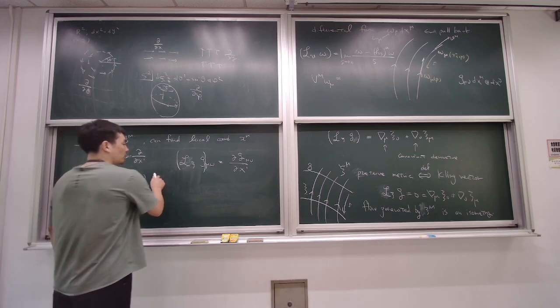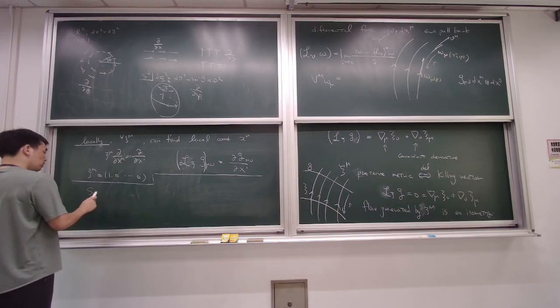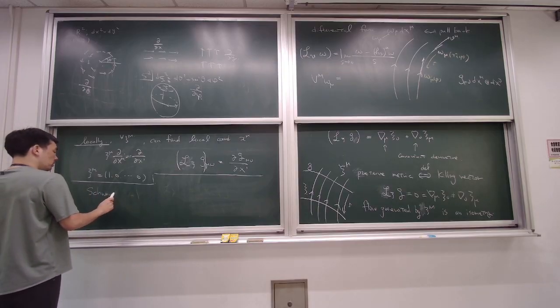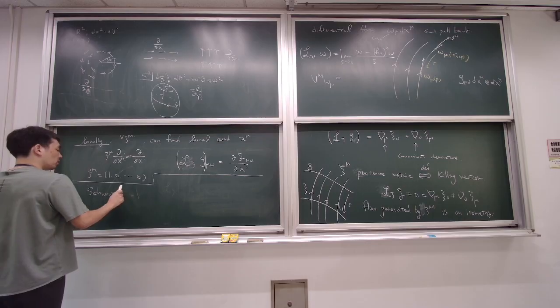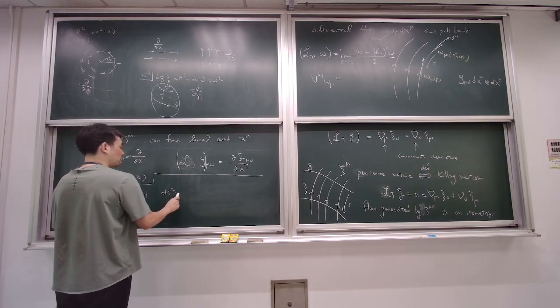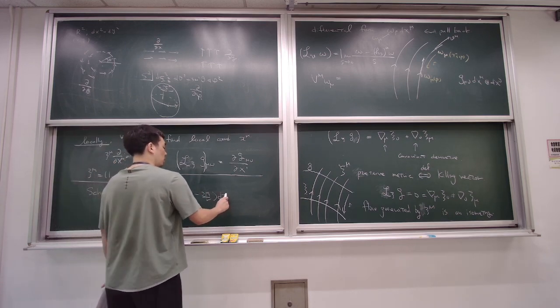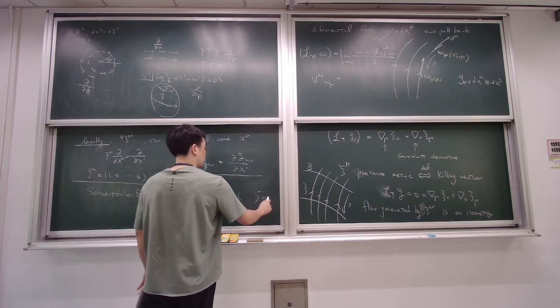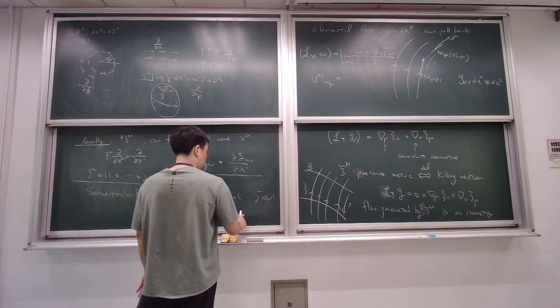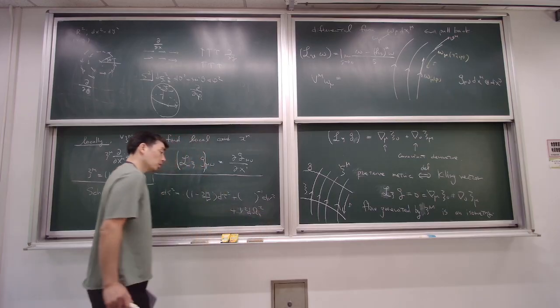From this perspective, it's easy to show that for the Schwarzschild black hole, the metric is ds squared equals minus (1 minus 2m over r) dt squared plus its inverse times dr squared plus r squared d omega 2 squared.